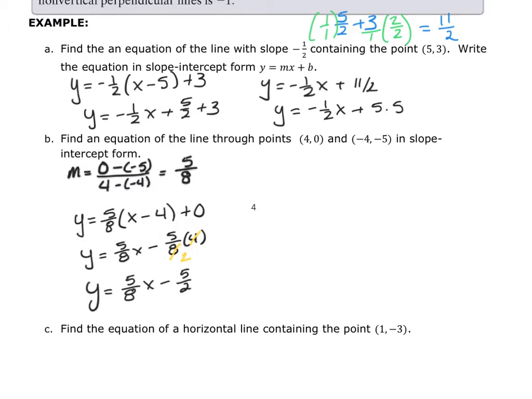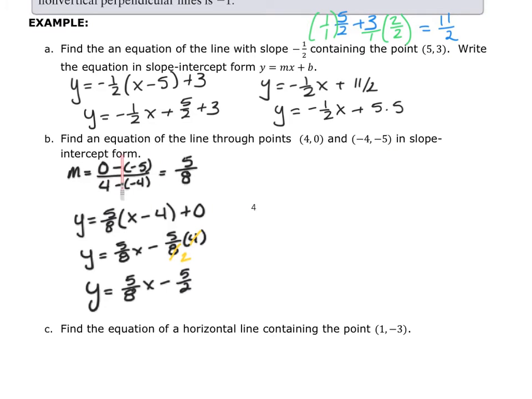The question is, does it matter which way we subtract? It doesn't matter which way you subtract. When they're asking you for the slope-intercept form, it wouldn't matter which points you have.